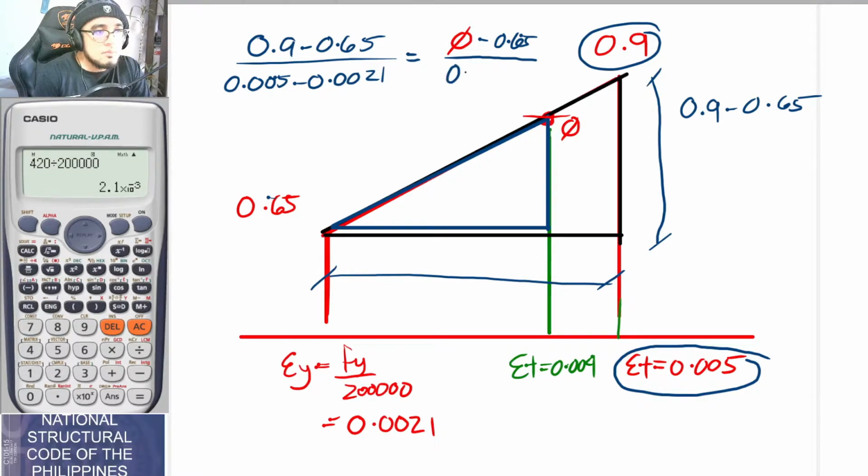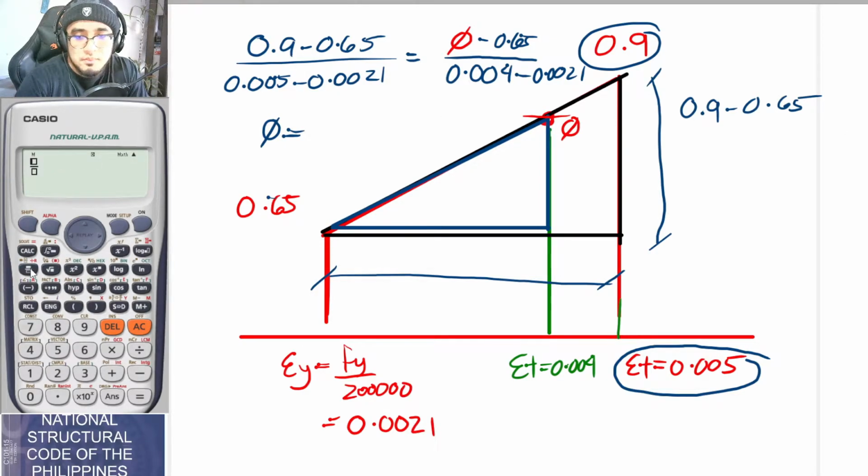So let's just shift solve. Via shift solve, 0.9 minus 0.65 divided by 0.005 minus 0.0021 is equal to alpha x minus 0.65 divided by 0.004 minus 0.0021.